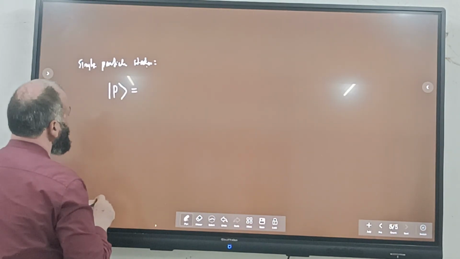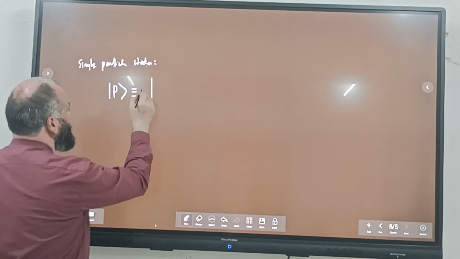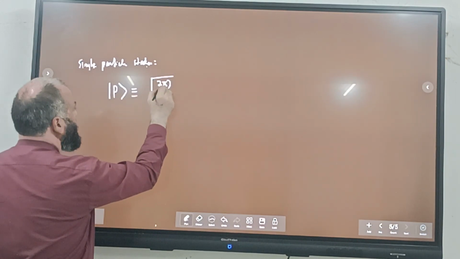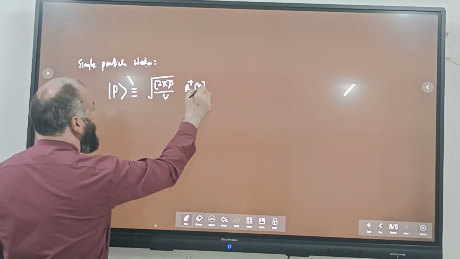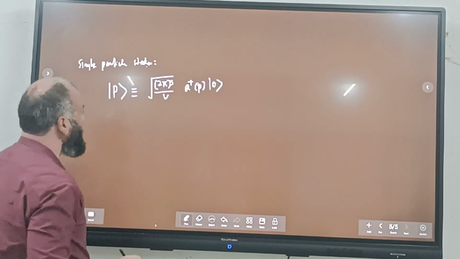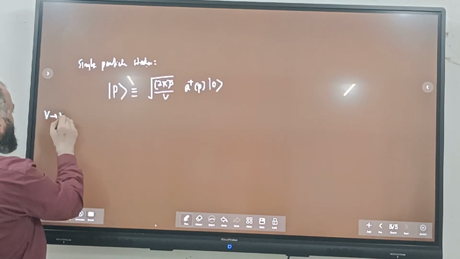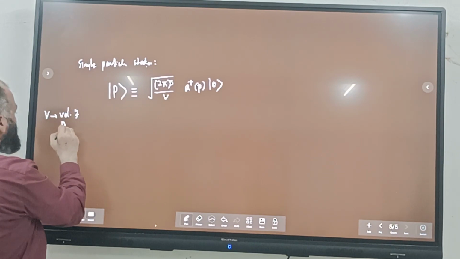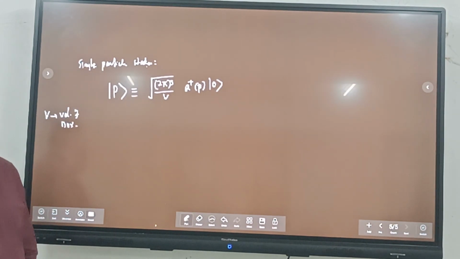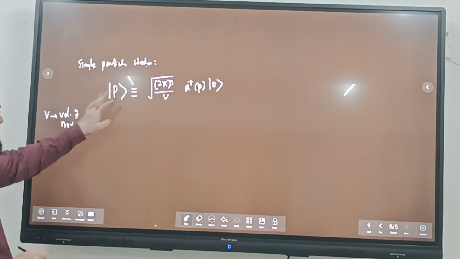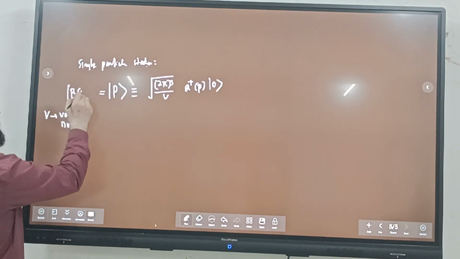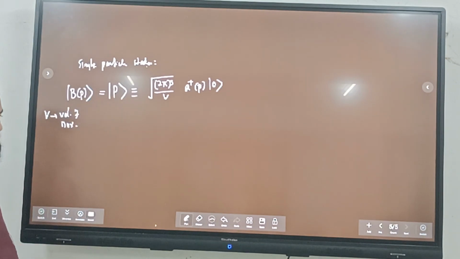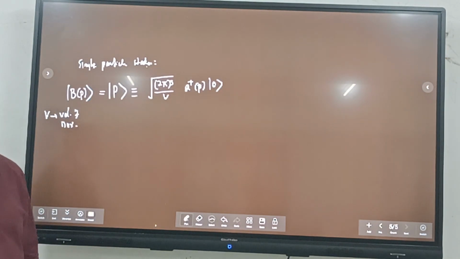I will define it this way: the square root of 2 pi q divided by some volume V, times A dagger of P acting on the vacuum. V is the volume of the box. This is a single particle state, and this P means a boson carrying the momentum P.